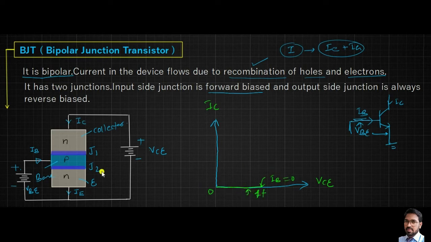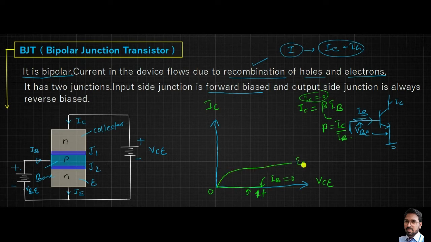Fine. So what is the relation between IB and IC? The collector current IC is beta times IB. Beta is the ratio of IC and IB. So if IB is 0, in this case what will be IC? IC will also be 0, meaning IB decides the IC. When I increase the base current, I will get beta times IB.